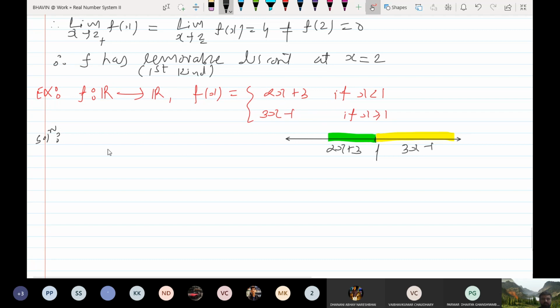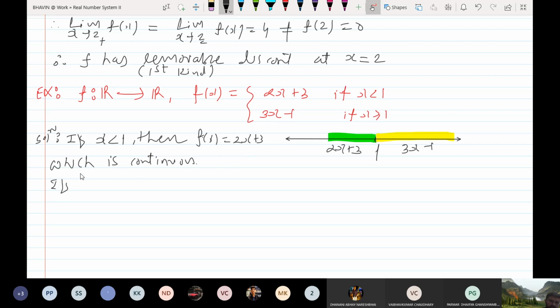देखिए, if your x is smaller than 1, x is less than 1, then what is f(x)? Which is continuous, क्योंकि उसका डेरिवेटिव भी आप फाइंड कर सकते हैं। डेरिवेटिव क्या है उसका? 2. Every differentiable function is continuous.